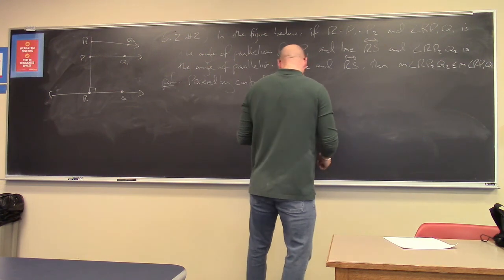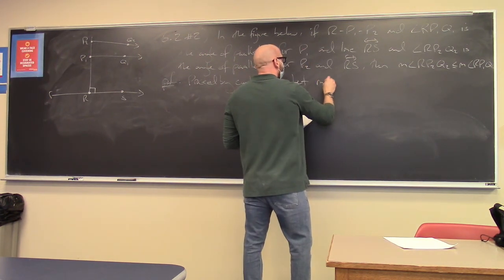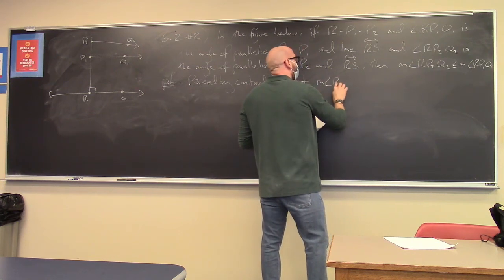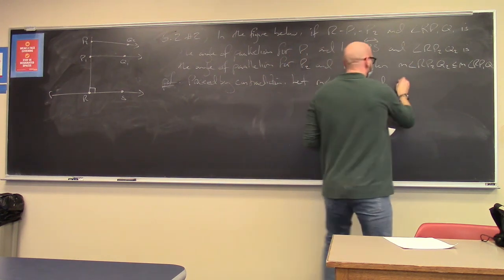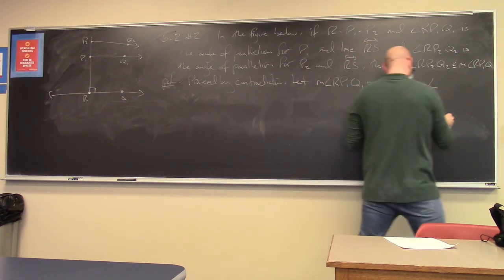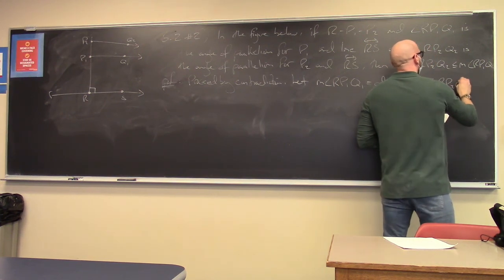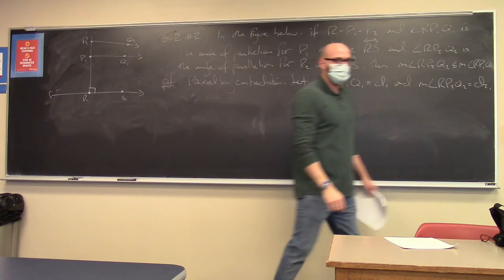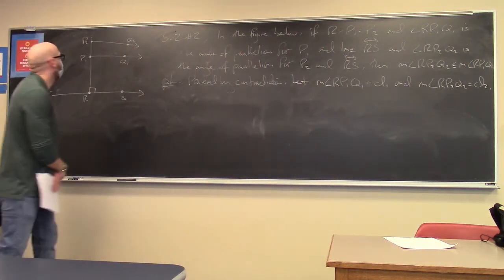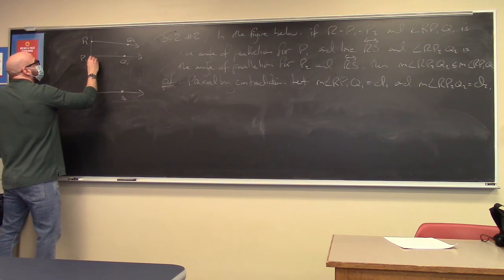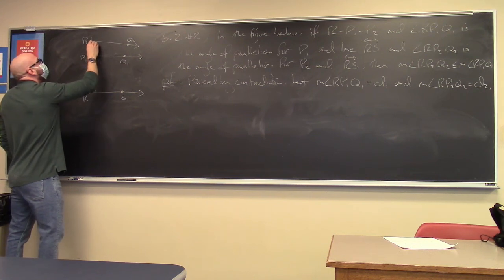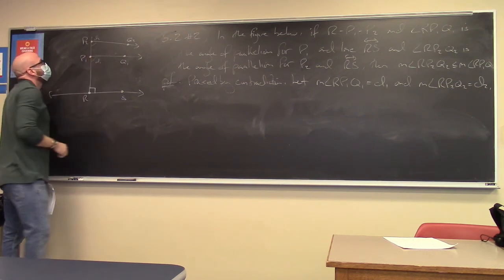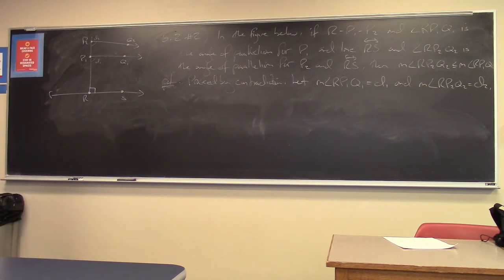We're going to refer to these angles a lot, so let's give them letter names. Let the measure of angle R P1 Q1 be D1, and the measure of angle R P2 Q2 be D2, whatever those measures are. So this angle here is D1, and this angle here is D2.